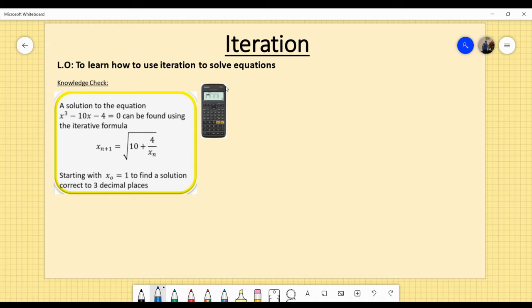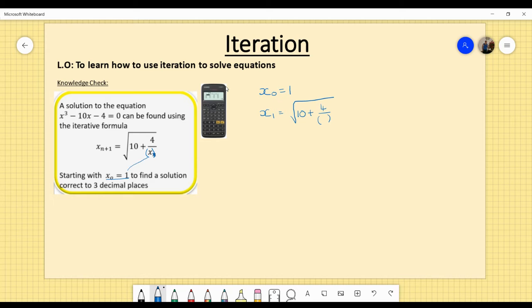This is the formula that we need to use. In the question, they will tell you what your starting value is. So we know x0 equals 1. Remember, in the formula, the x must be in a bracket, and we can just ignore that n down the bottom there. So to work out x1, I need to push the square root button first, then 10 plus your fraction button of 4, and then in the brackets, I'm going to put that 1.